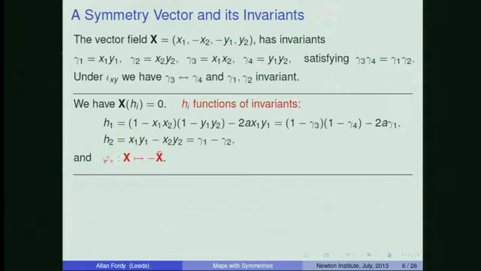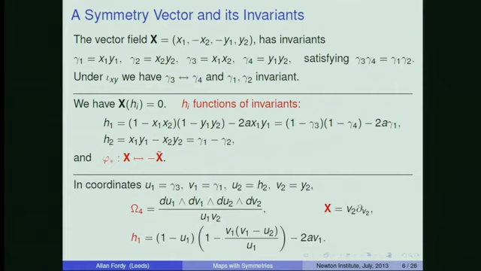And these 2 Hamiltonians that I wrote down can be written in terms of these invariants. If you take X dot grad H_i, you get 0. So these can be written in terms of these invariants. And under this map that I wrote on the other page, this vector X goes to minus itself in the new variables. And if you choose these coordinates, this is just a standard reduction.